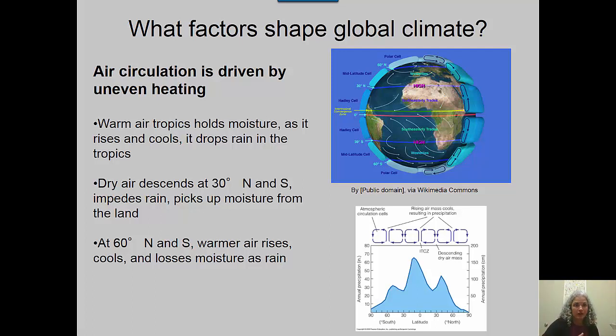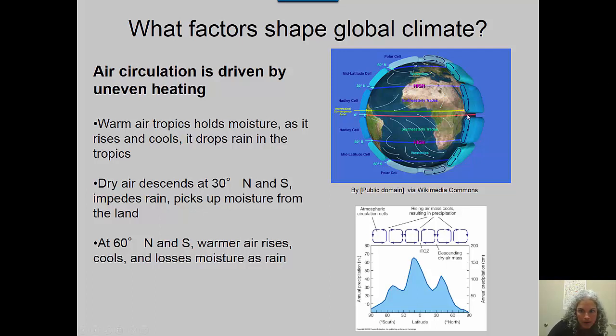So is moisture. And moisture is also going to vary based on where you are on the planet. One reason why moisture varies on our globe is something called air mass circulation.